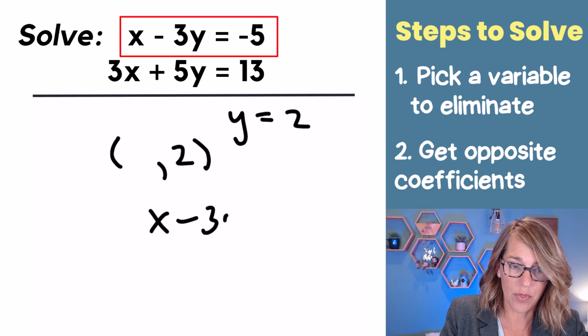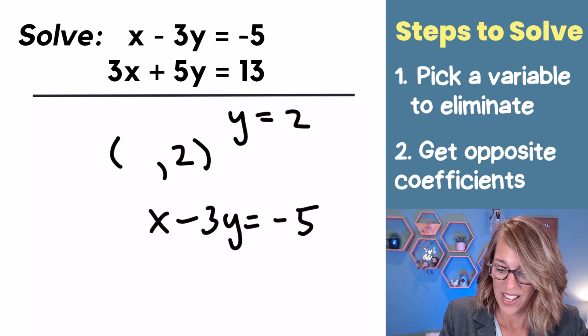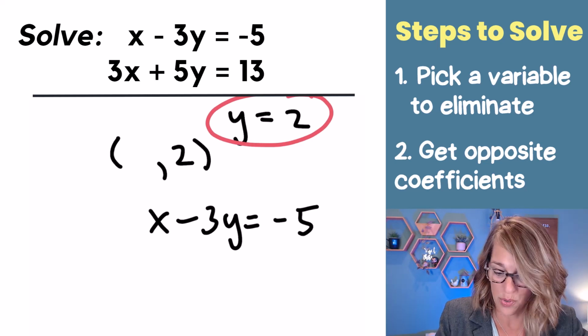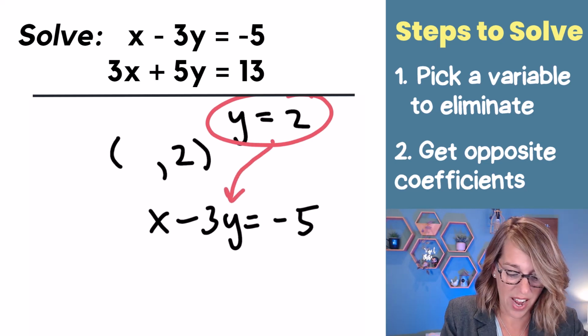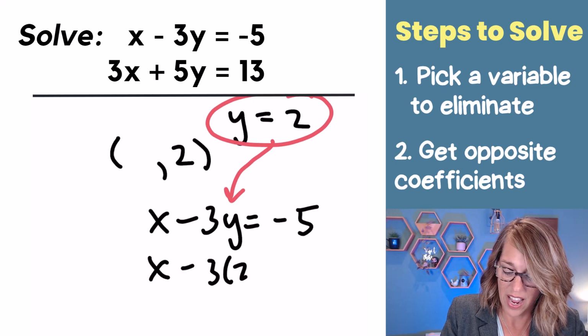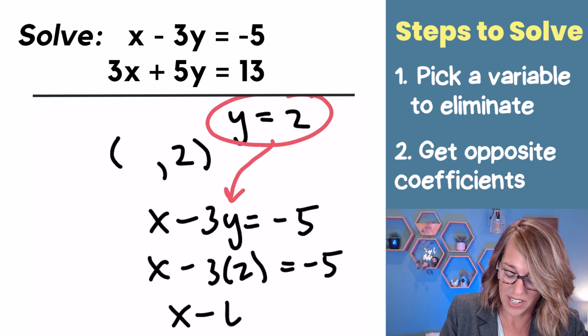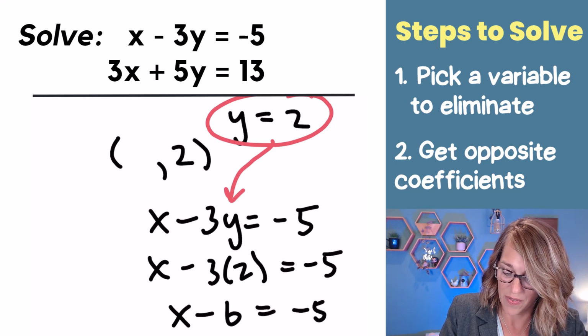x minus 3y is equal to -5. I'm going to take that y equals 2 and I'm going to plug it in right here. So I get x minus 3 times 2 is equal to -5. x minus 6 is equal to -5.